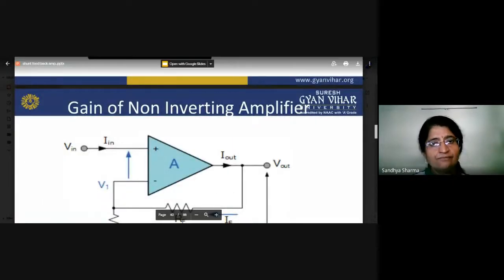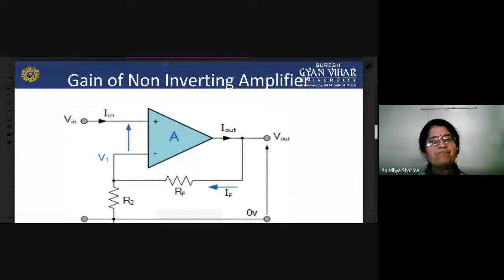Now, after the voltage follower circuit, we will move to the gain of the non inverting amplifier. First of all, we have seen the very basic part of the non inverting amplifier. What is the non inverting amplifier? It means you have to give your supply to the non inverting terminal.